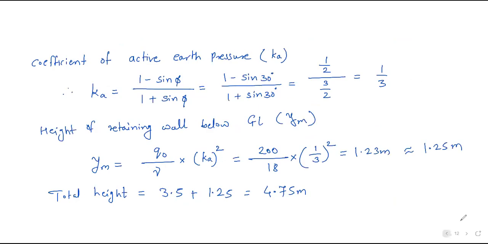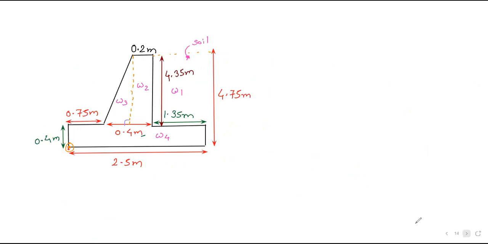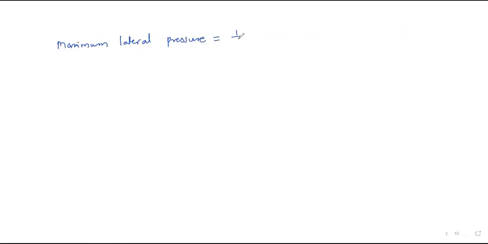Here is the formula: half into Ka into gamma into H1 square, which is equal to half into 1 by 3 into 18 into 4.75 square. So let me know the answer.